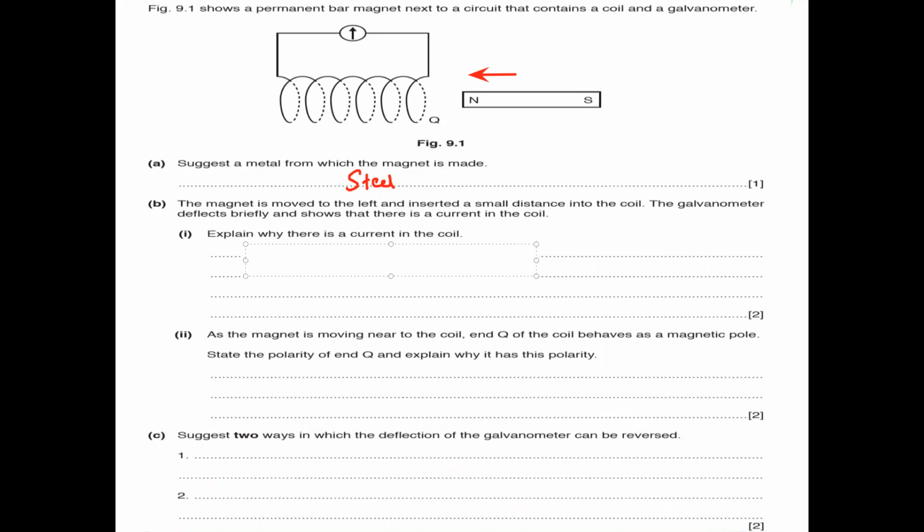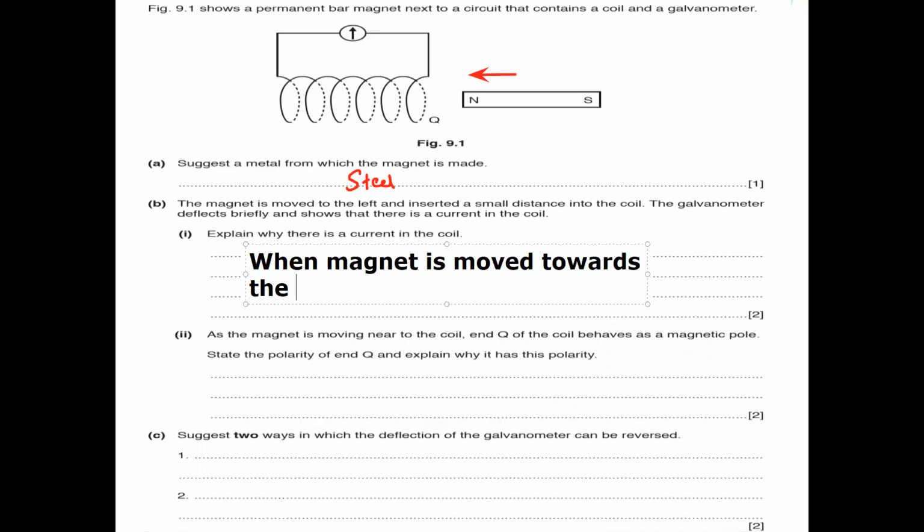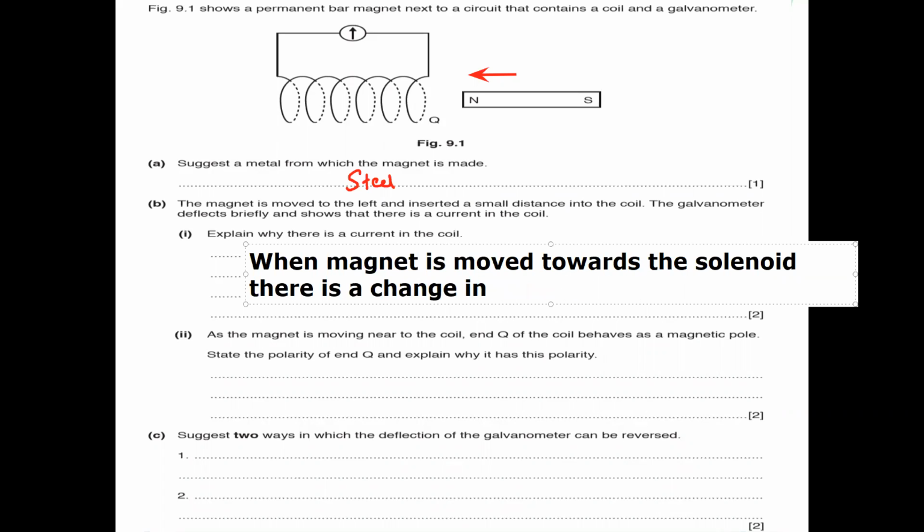So when the magnet is moved towards the solenoid, even if it is moved towards or away, there is a change in magnetic field. But in this example, as a magnet is moved towards the solenoid, there is a change in magnetic field.